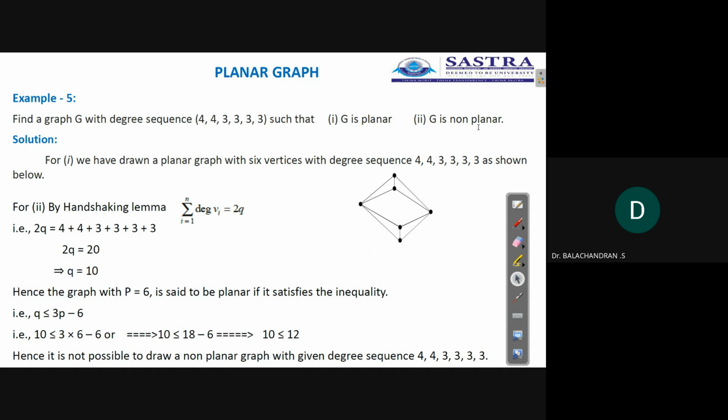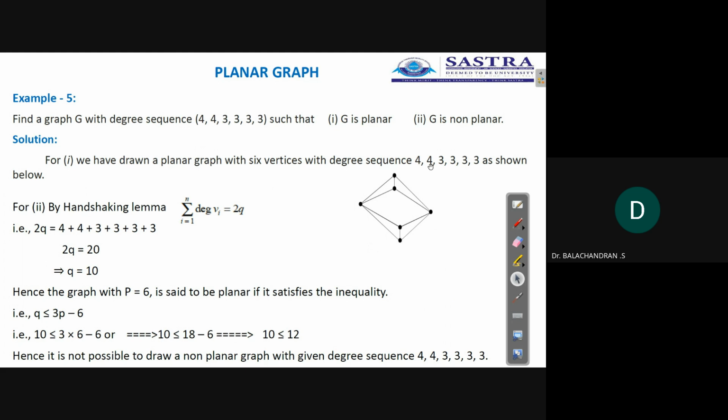From this, you can easily find the total number of vertices is 6. So for subdivision 1, we have drawn a planar graph with 6 vertices with the degree sequence as shown in this figure. You can check it. Totally how many vertices? 1 2 3 4 5 6, 6 vertices.